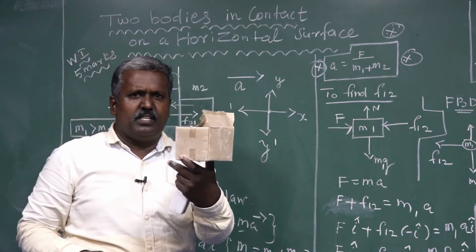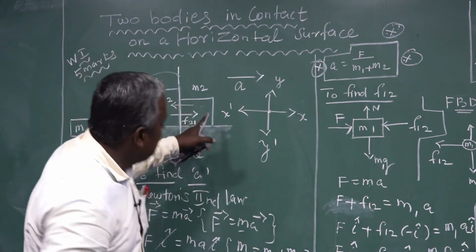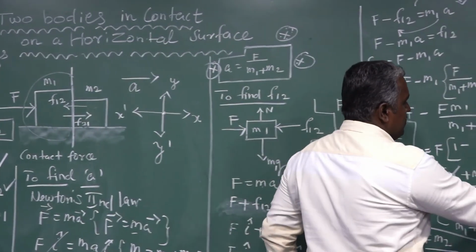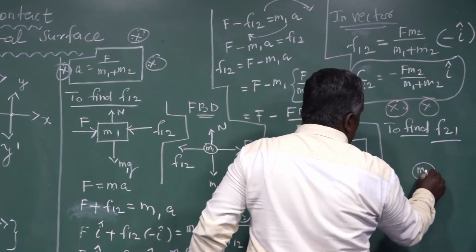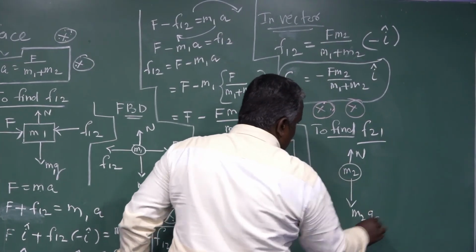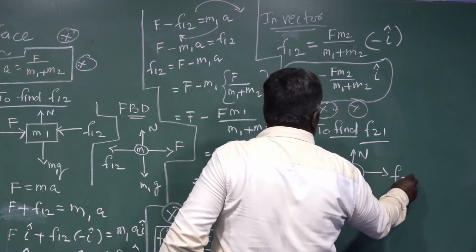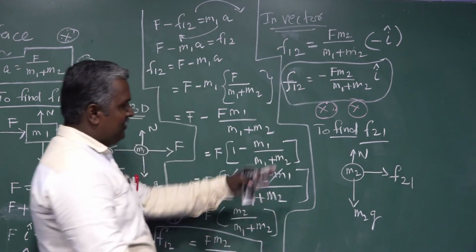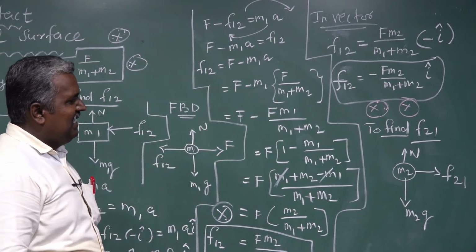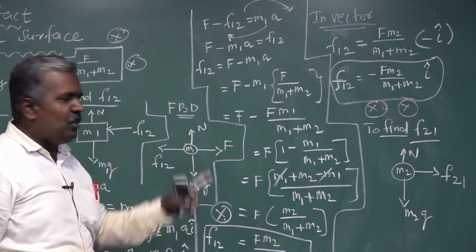Free body diagram for M2: normal force and gravitational force M2 g cancel each other, and only F21 acts. That is the free body diagram for mass M2.